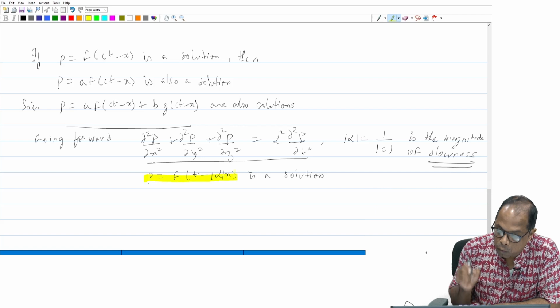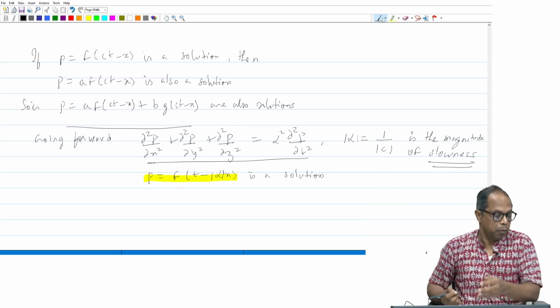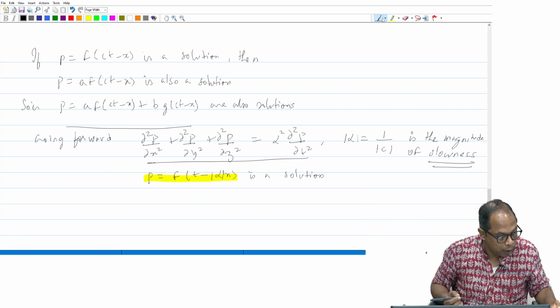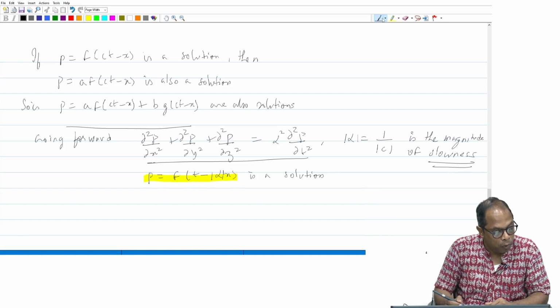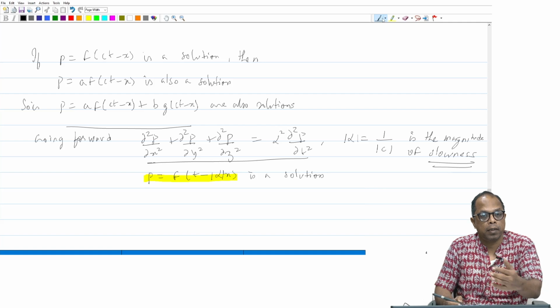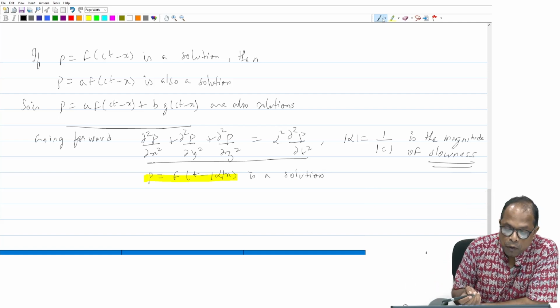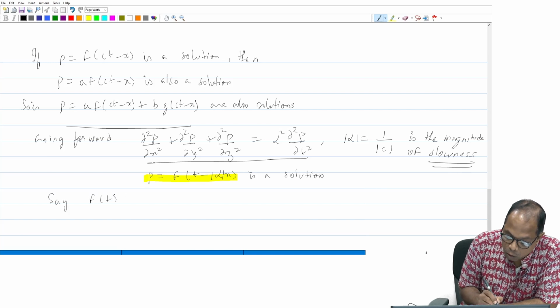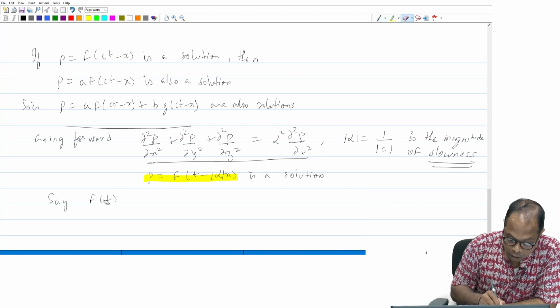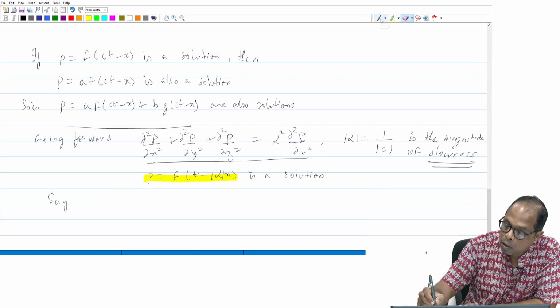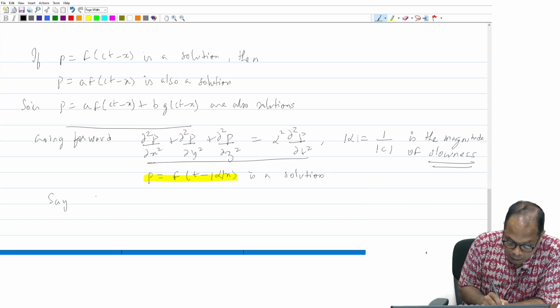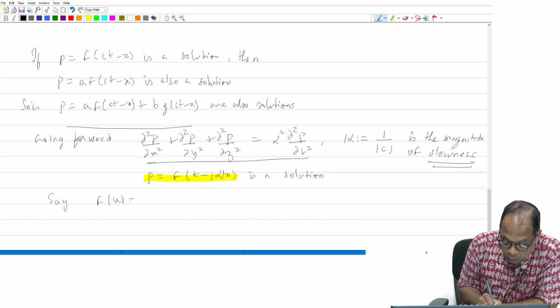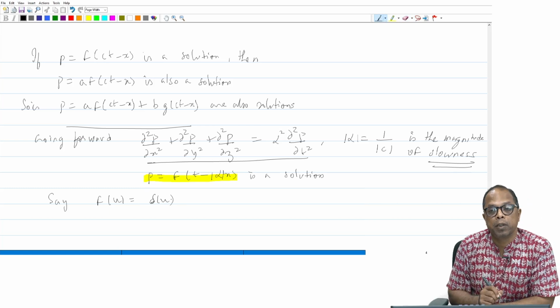Now we'll be looking at this more. Now let us see what this thing looks like. To make things easy, I'm going to write f of u, the waveform, as your impulse function delta of u.